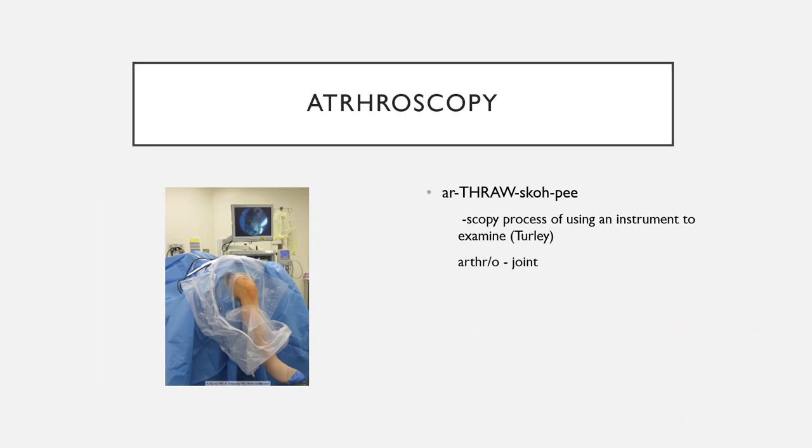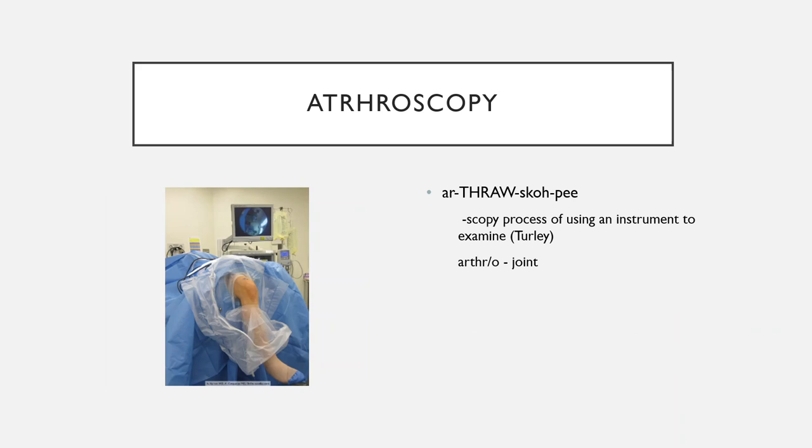Arthroscopy. Scopy is the process of using an instrument to examine, and arthro is joint. Not to be confused with arterio, but arthro, note the R. Arthroscopy is when a surgeon uses an arthroscope to make a small incision.